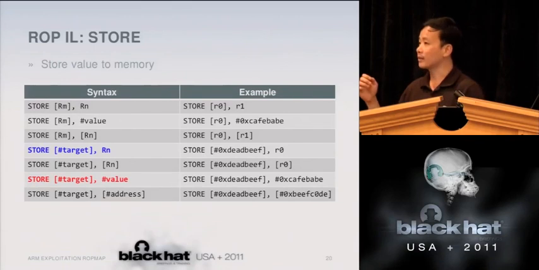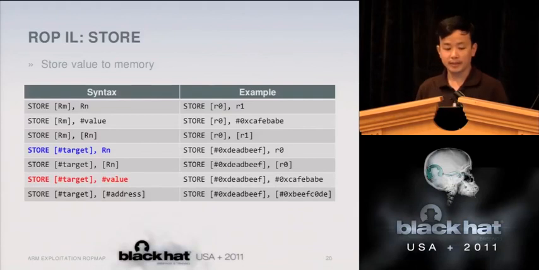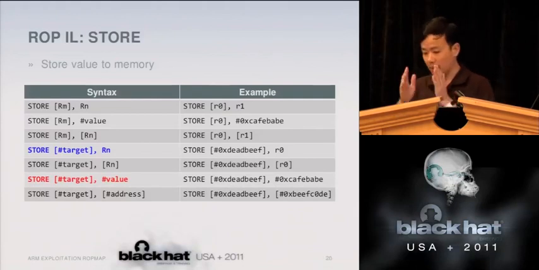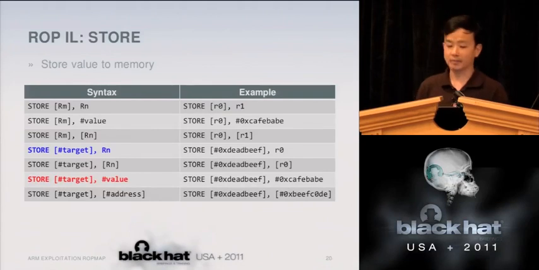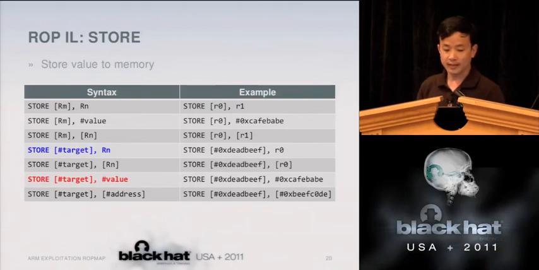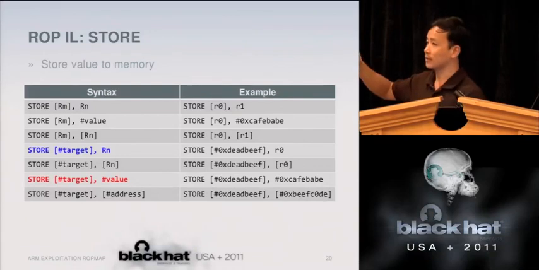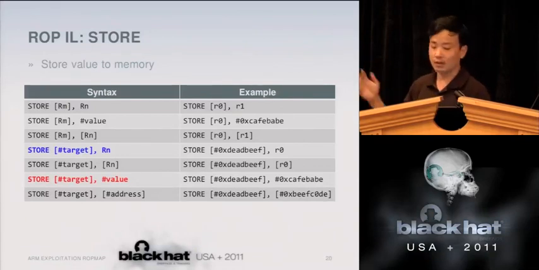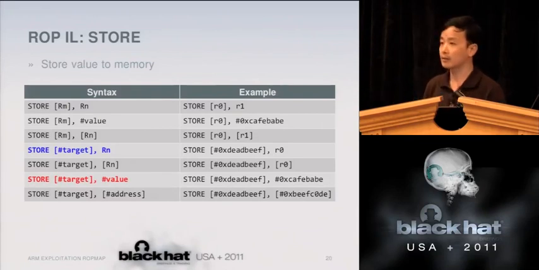So we can store a register to memory, store a value to memory, and store a value from a memory reference to memory, something like that. So we have some forms of use of the store instruction. And the most commonly used are store a register to memory and store a value to memory.